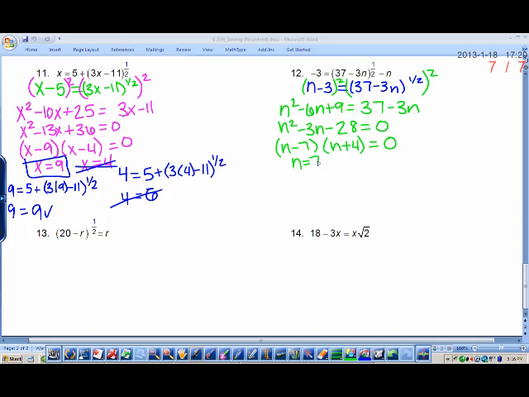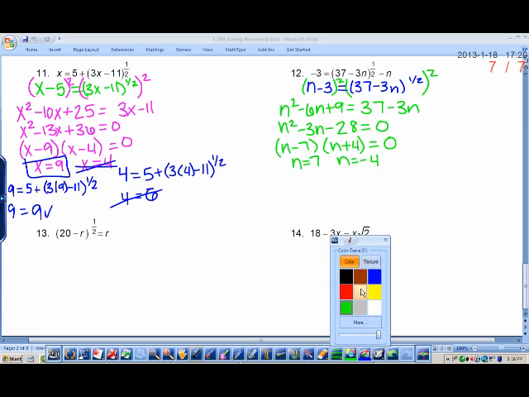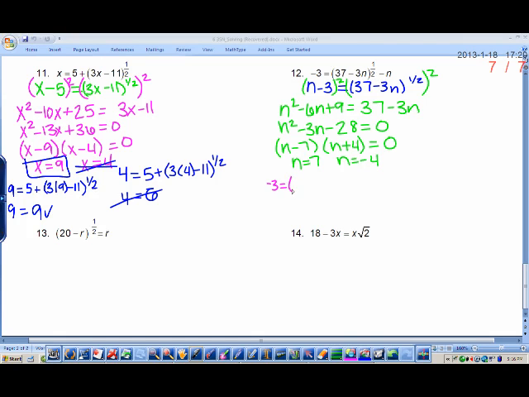That gives me the solutions n equals 7 and n equals negative 4. Let's check those. I want to know if negative 3 is equal to (37 minus 3 times 7) to the 1/2 power minus 7.